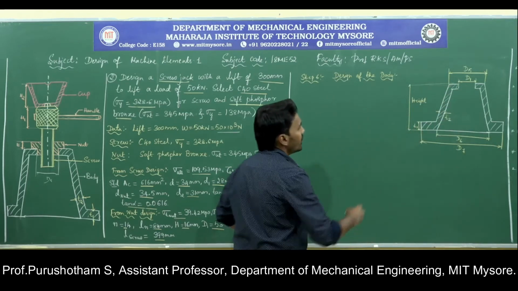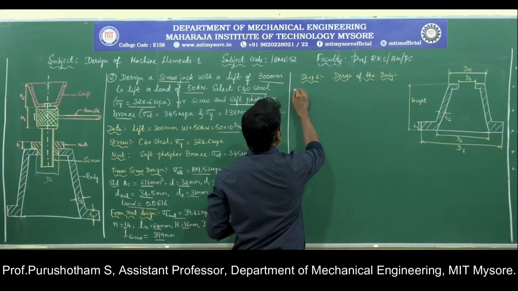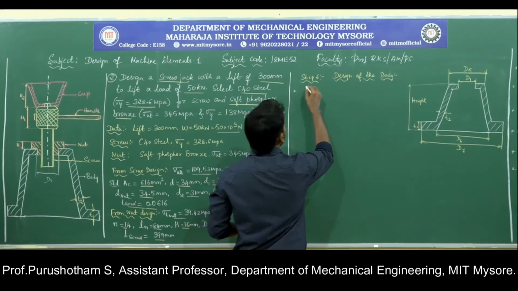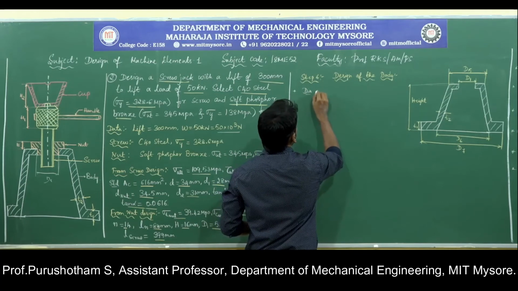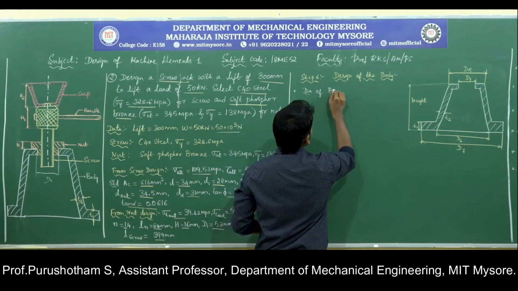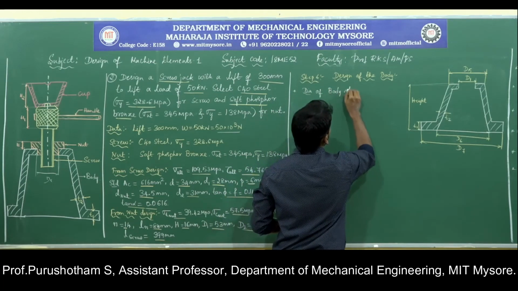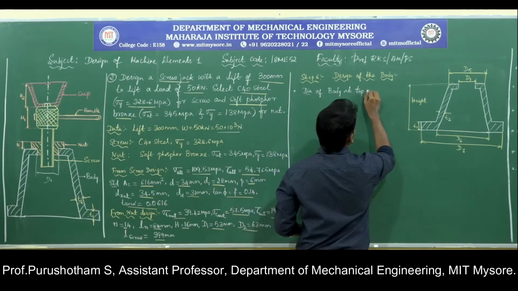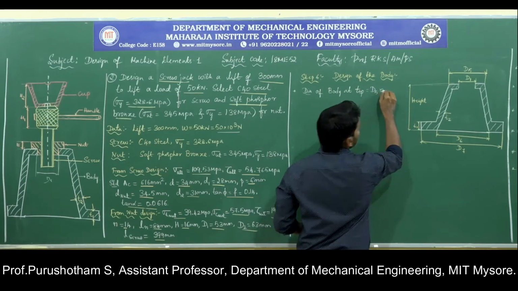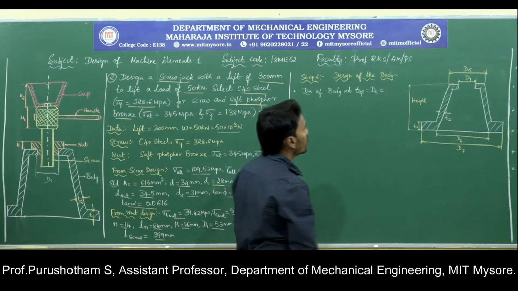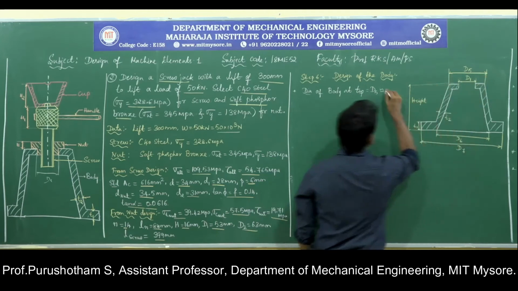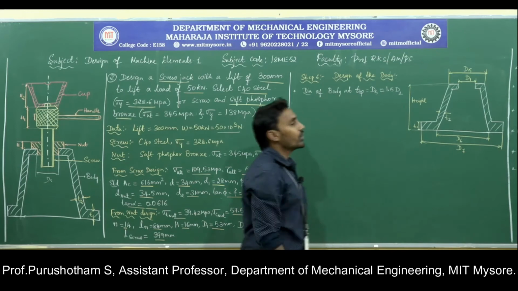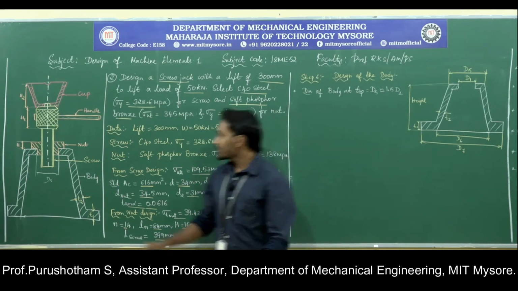So I need to calculate D5, that is the diameter of the body at top, which is approximately equal to 1.5 times D2.